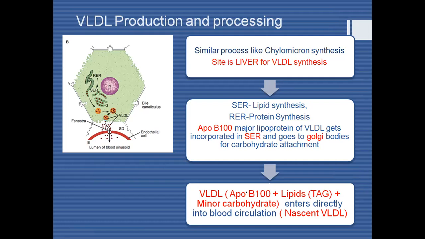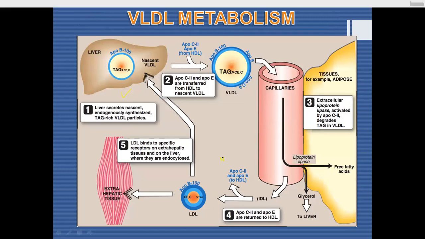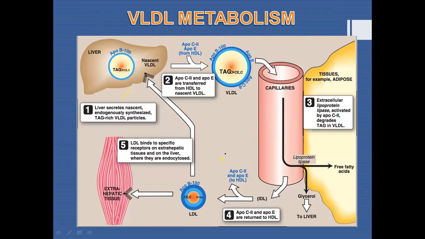The only thing is that the protein part will be different, and the site of synthesis will be liver in contrast to intestine. Okay, so all other things are similar up to the VLDL remnant part.